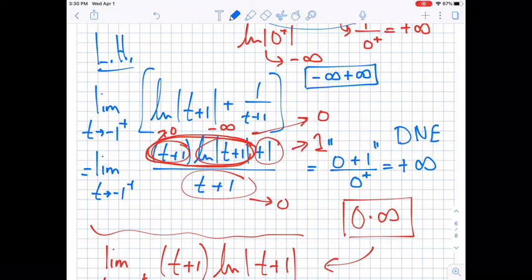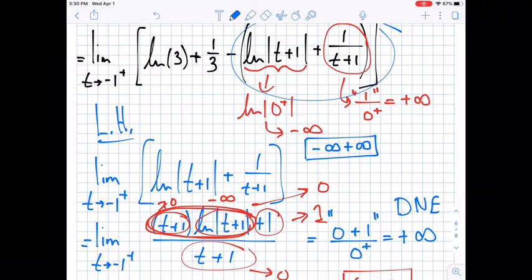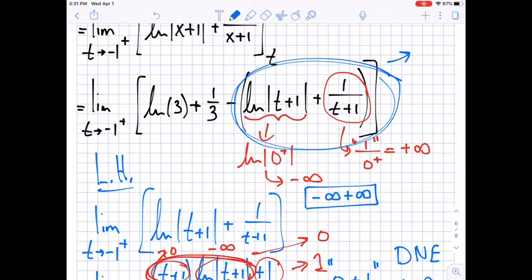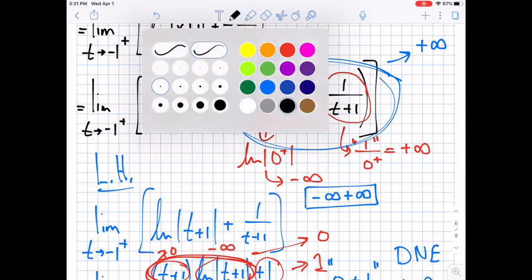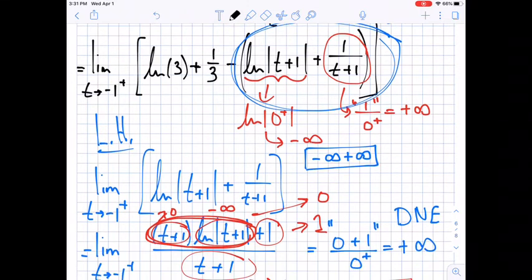And here, if we go back up, looking at our original limit, that means that this whole second part goes to positive infinity. That whole second part is DNE. So now, hopefully you're still with me, let's take this whole integral, including the ln of 3 plus 1 over 3, and see what we have.